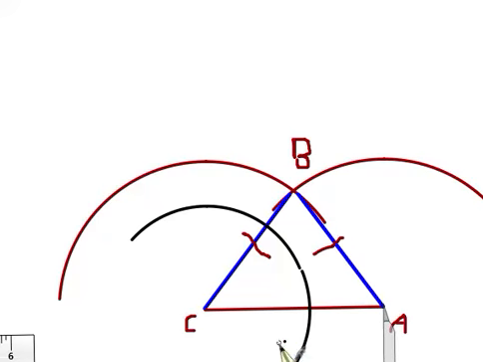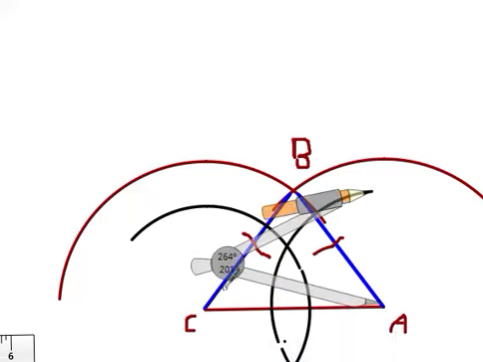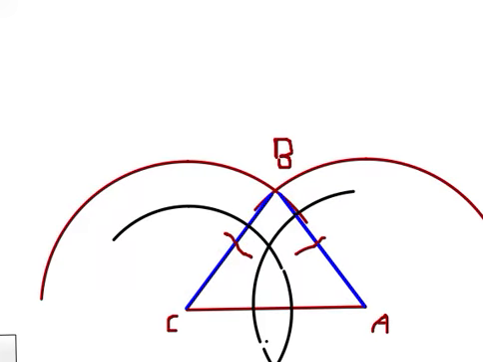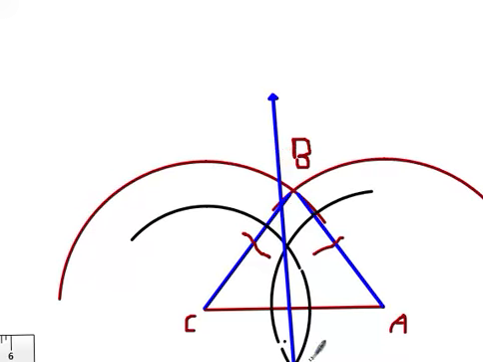You must draw it exactly here, and then use the ruler to draw a straight line passing through the two points. We finished now. This point will be D, and D is the midpoint of CA.